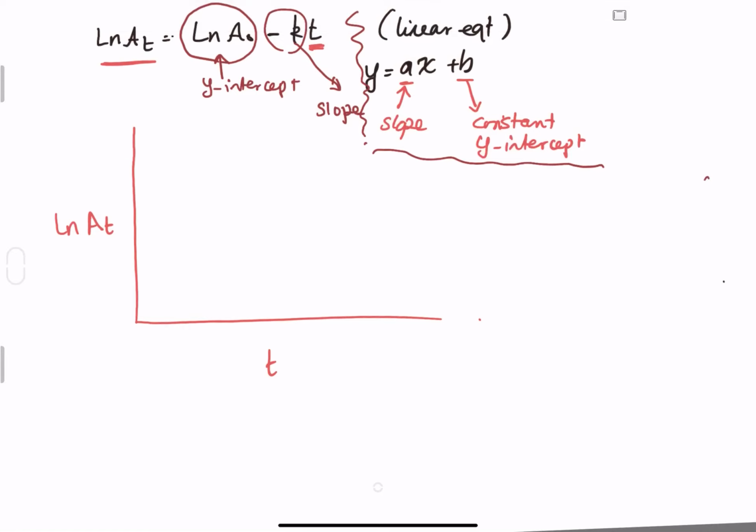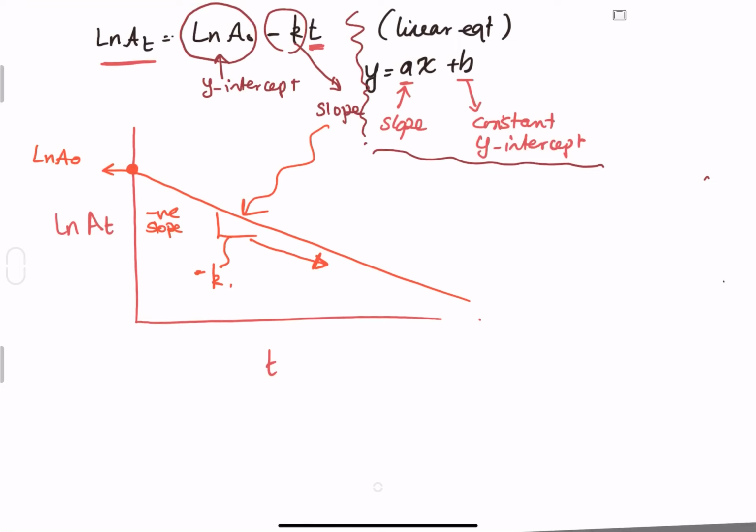We will have a positive intercept, which will be equal to ln A naught, and it will be decreasing because we have a negative slope, right? And the slope will be equal to what?